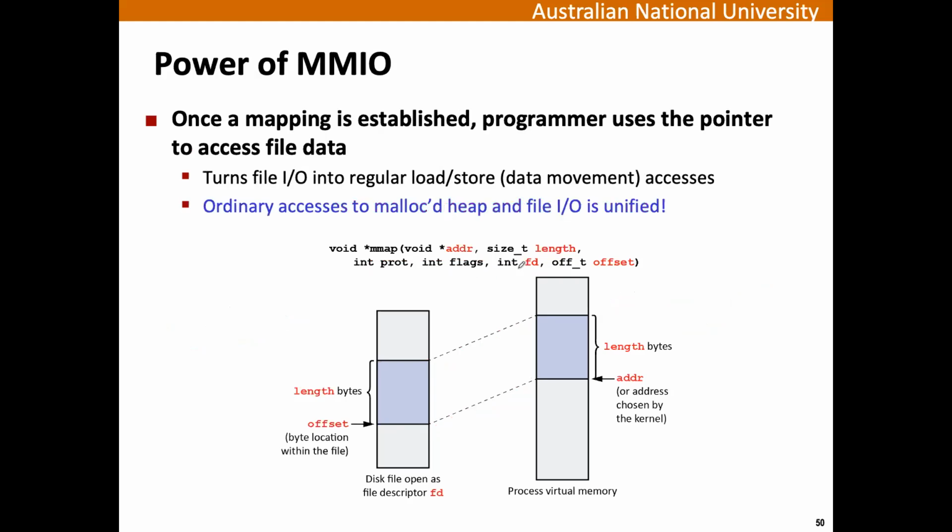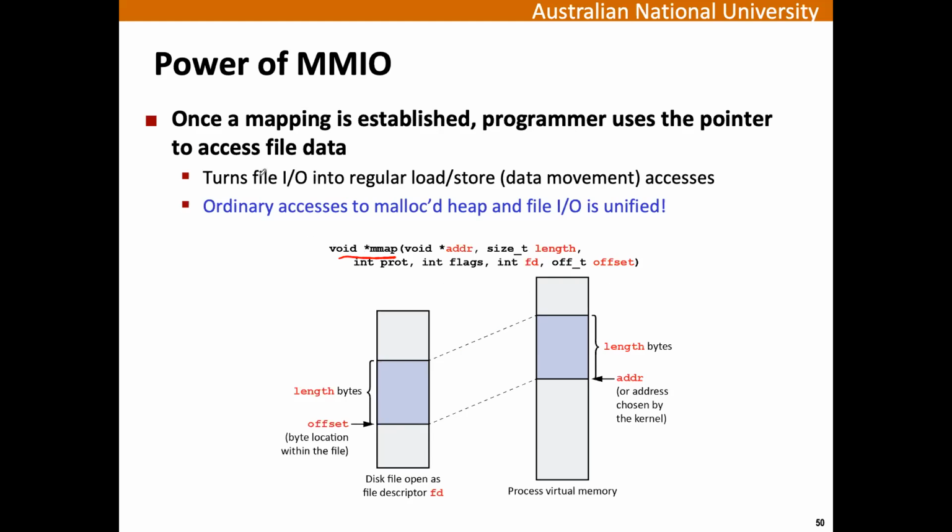Okay, so MMIO is a very powerful mechanism. You see that this system call returns a pointer. At this point, the programmer can use the pointer to do disk IO.